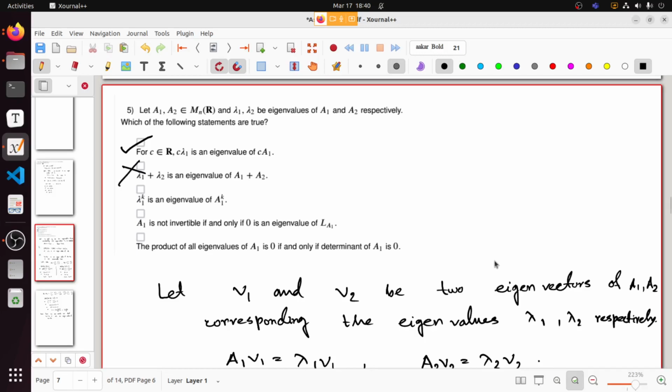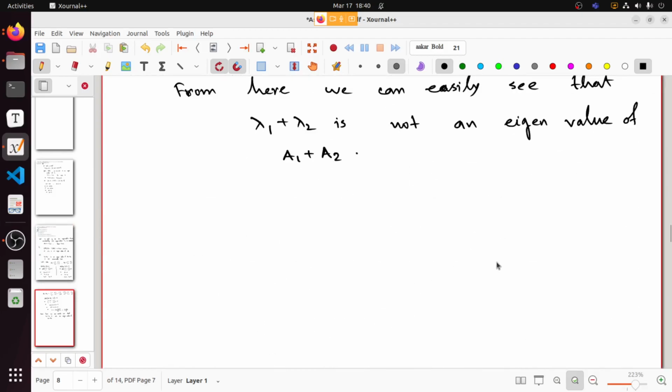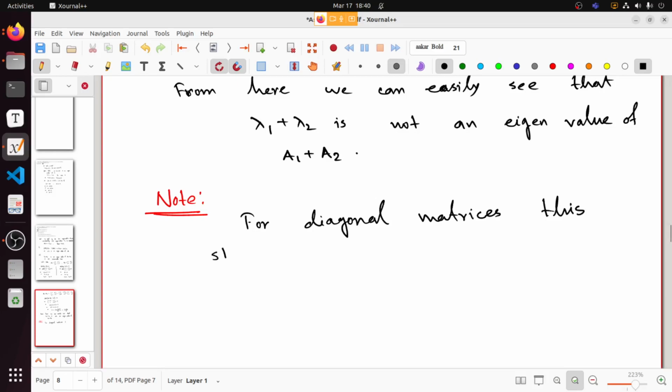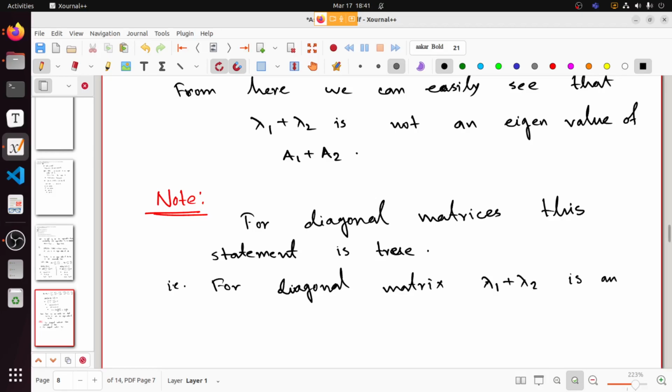But this may be true for diagonal matrices. Note that for diagonal matrices, this statement is true. For diagonal matrices, lambda 1 plus lambda 2 is an eigenvalue of A1 plus A2. We can simply check this.